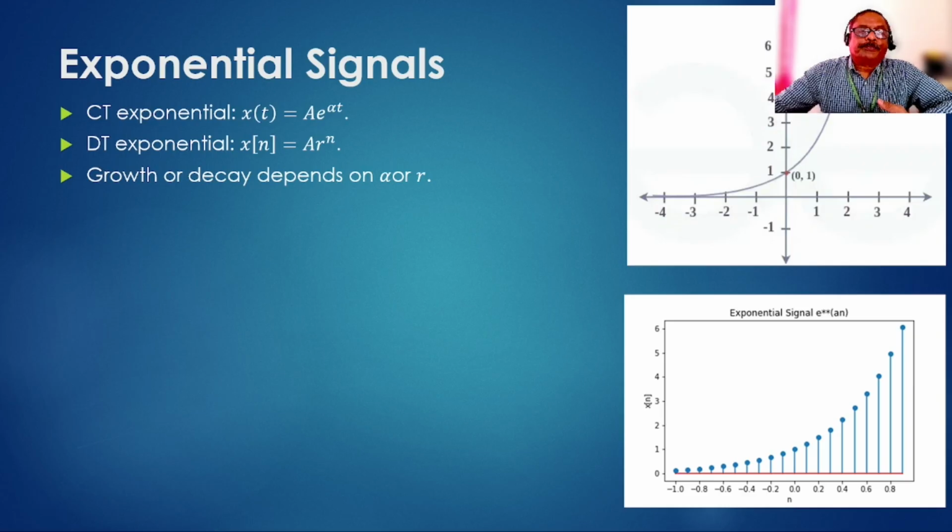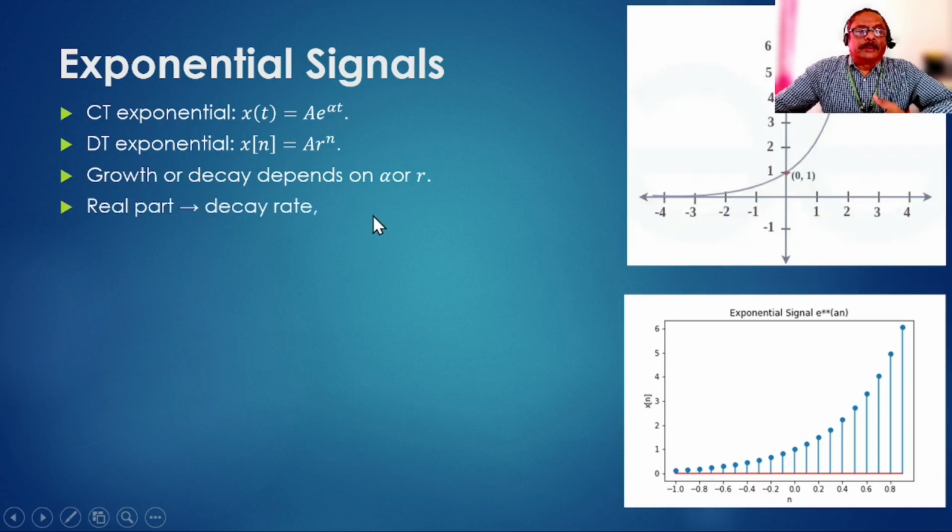If the value of r is more than 1, then it will be increasing, and if the value of r is less than 1, then it will be decreasing. If the value of r is negative, then we have alternating positive and negative outputs. So that all depends on the value of alpha in case of continuous time or r in case of discrete time, and both r and alpha can be real or complex.